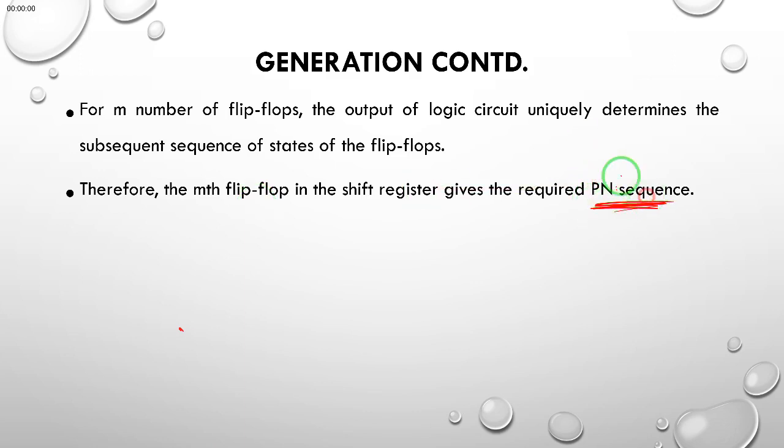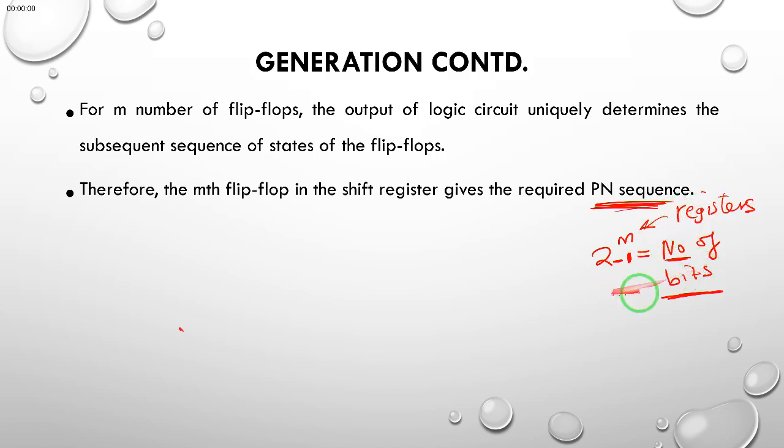This is the sequence that we need, and it depends on the number of registers used. The number of bits obtained is 2 to the power m minus 1, when we have m registers.